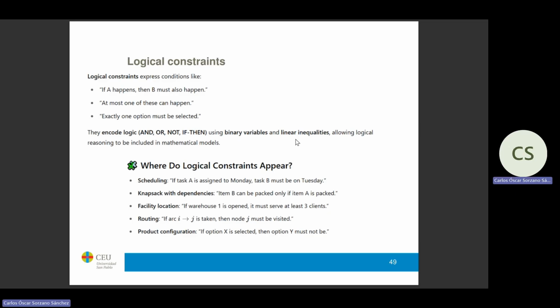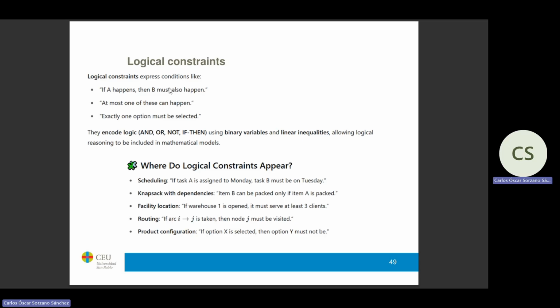Okay, so then in this discrete modeling lecture, we have a different kind of, let's call them, constraints. These constraints in this context are called logical constraints. And logical constraints can be: if A happens, then B must also happen. So for instance, in the knapsack problem, if you take item 2, you also have to take item 3.